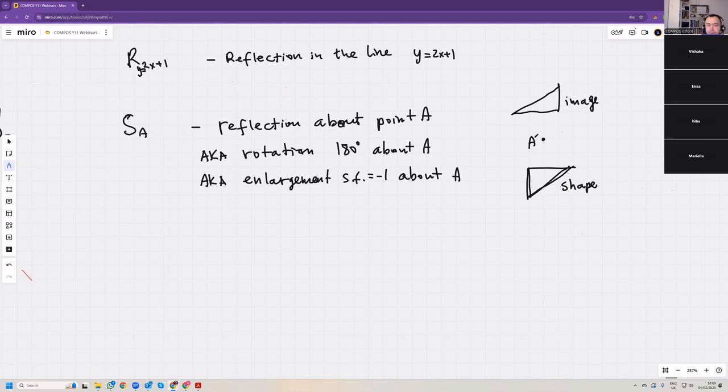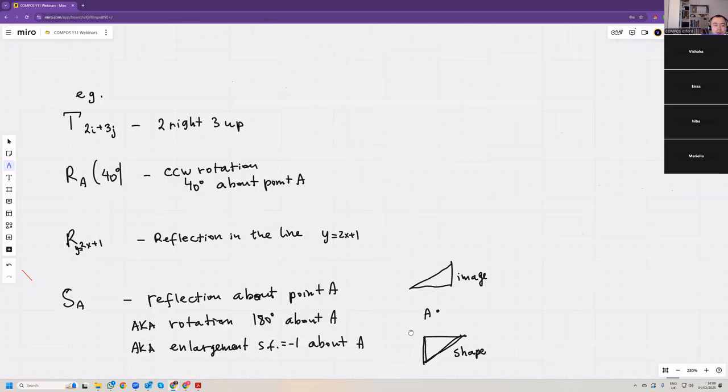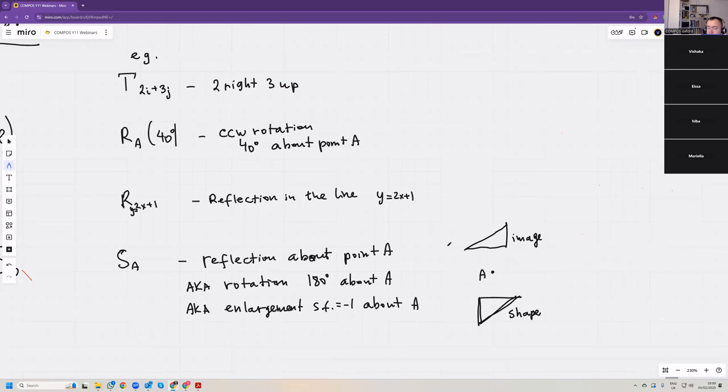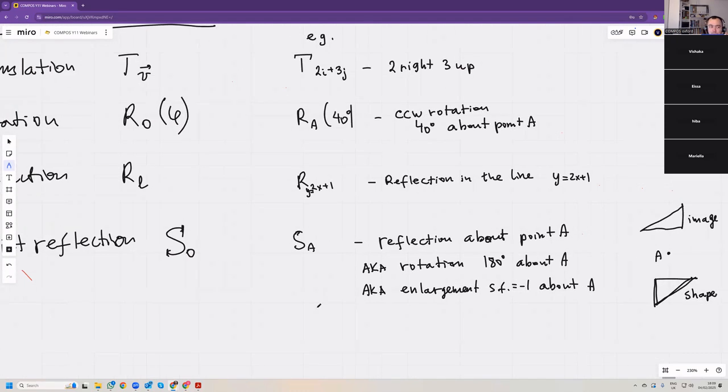I hope that makes sense. Any questions so far? I hope you all understand what a reflection is, what a rotation is, and a translation. So I don't really need to explain that. Okay, good.